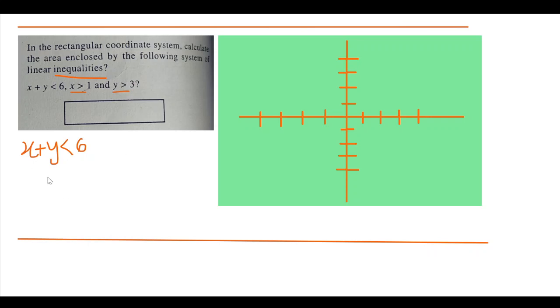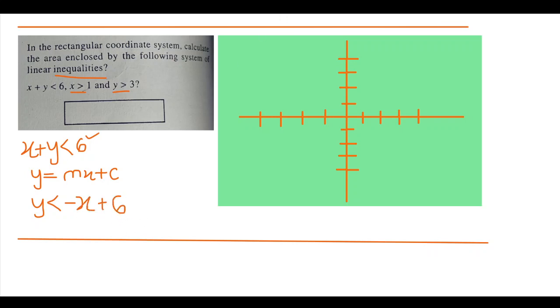So what I can do over here is probably use this general formula of the line, which is y equals mx plus c, where c is the y-intercept, m is the slope, and x and y are variables. So can I create this equation right here in this general form? Well, I can move the x to the other side and say negative x plus 6.